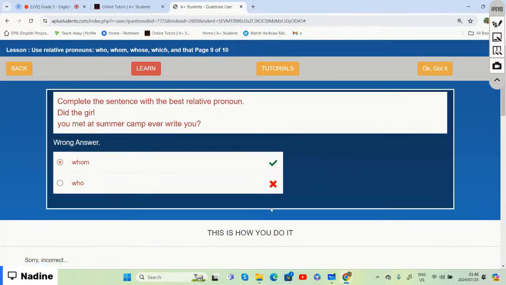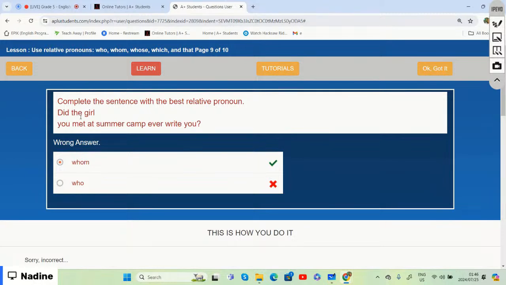It's actually whom. The reason why it's whom is because it is an object pronoun. If I had to say something and it referred to me, then it would have been who. But since we are making mention of another person, because I say, did the girl you met, that is whom.